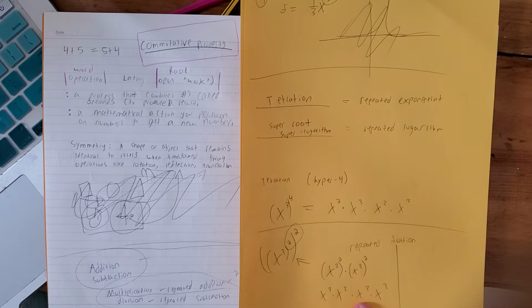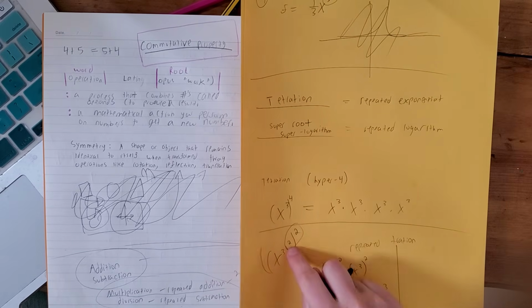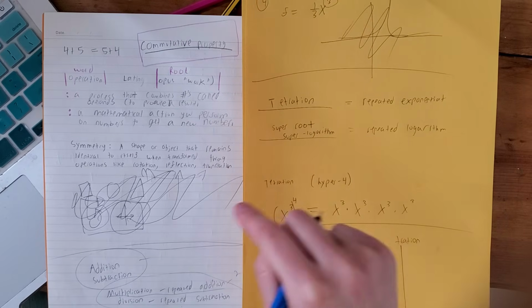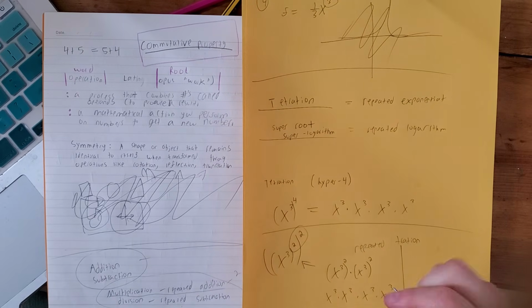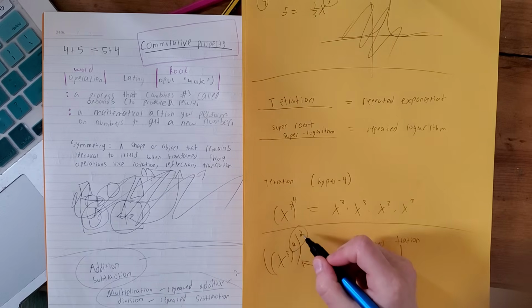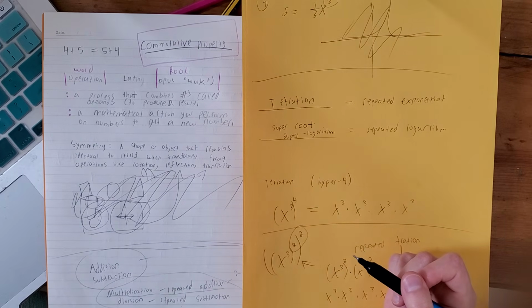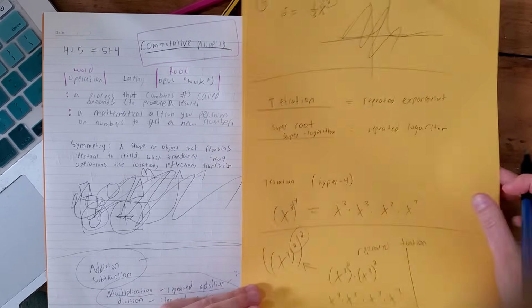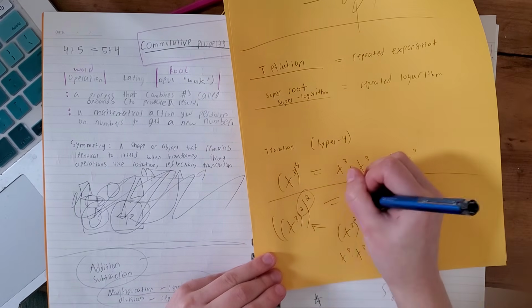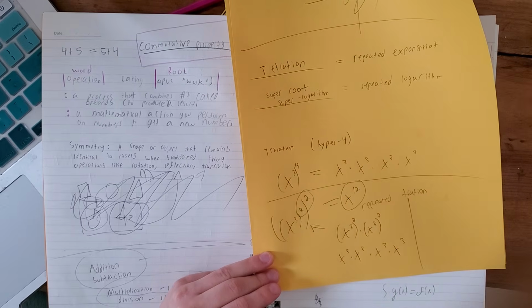So, does that mean that x cubed squared, does that mean that I can do 2 times 2 equals 4, and then 4 times 3 is 12? Does that mean that this is the same thing as x to the 12th power?